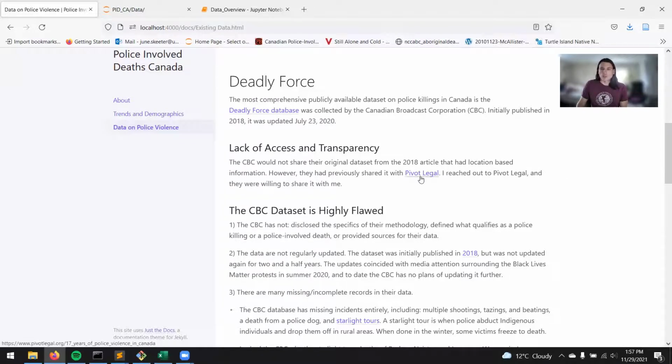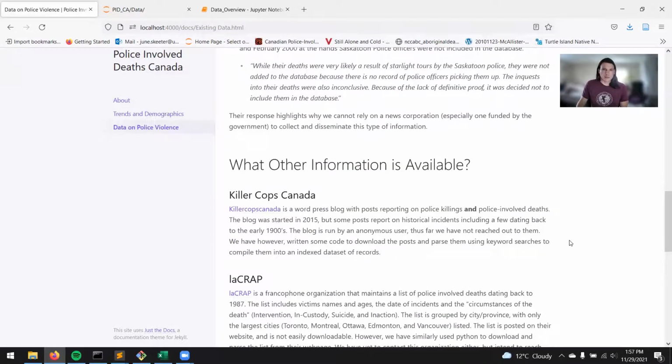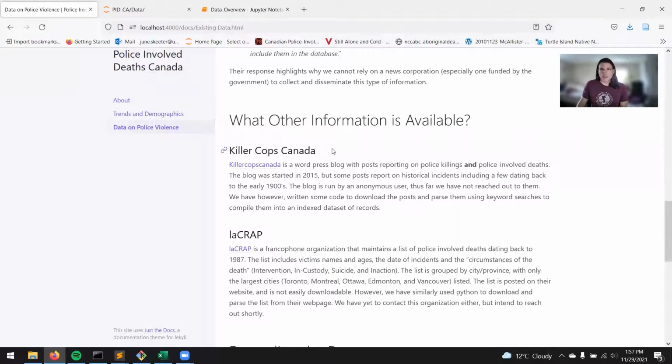I obtained it from a different source. And their data set is highly flawed. It's missing a large number of records, for instance. So I've incorporated other data sets. This one is a WordPress blog, for instance, and I wrote a Python script to scrape all the posts from this blog, parse out information, and add it to the database.